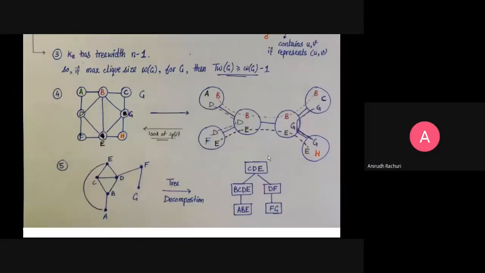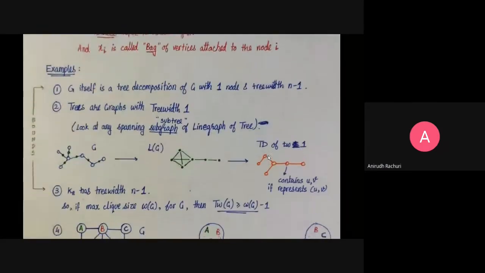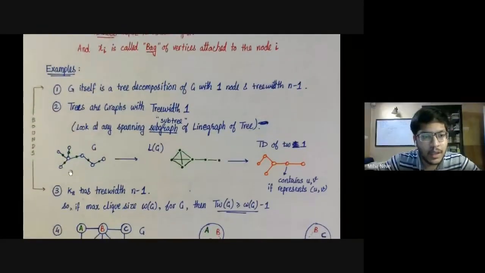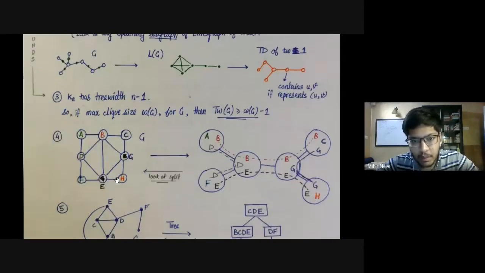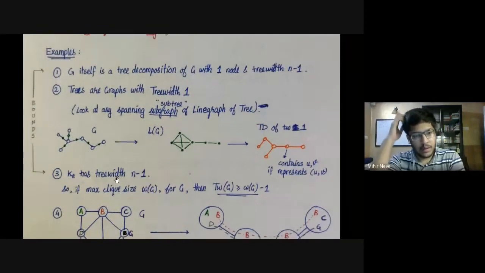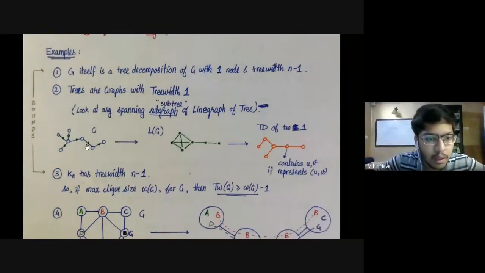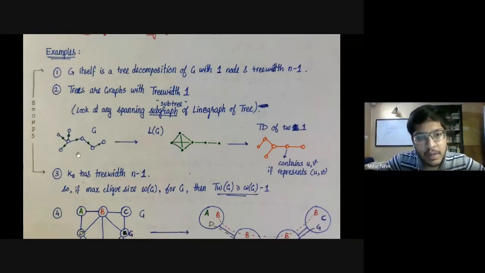A tree should have tree width 0, right? No. If you take the tree itself, the edges won't be there in any of the nodes. You want the node to be such that the endpoints of every edge should be in some particular node. Okay, I think what you're trying to say is, if this was a tree, then this tree itself is a tree decomposition of itself. Yes.